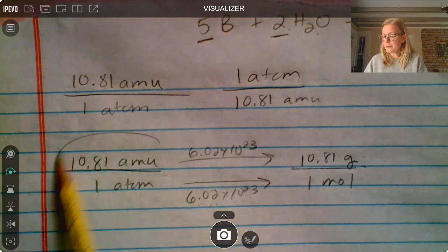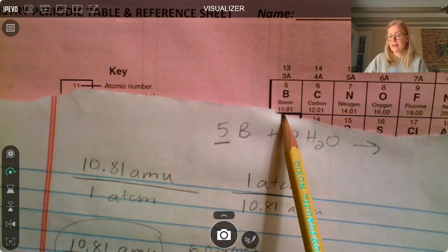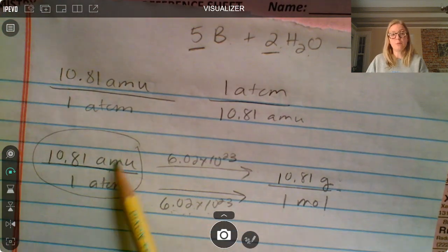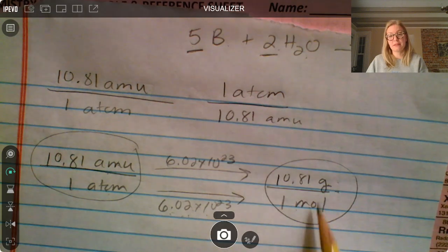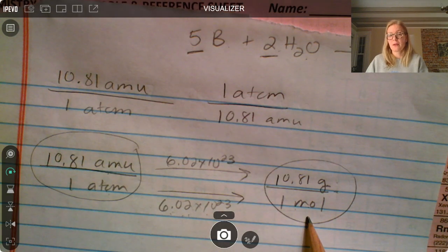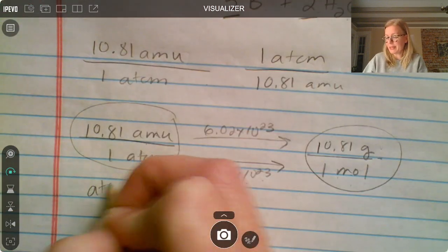So you can think of that number on the periodic table, the average atomic mass, as the AMU in one atom, or you can think of it as the grams in a mole of atoms. Okay? So when we talk about just the AMU in one atom, we call this the atomic mass.